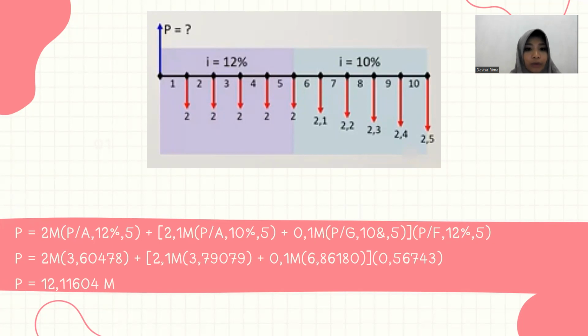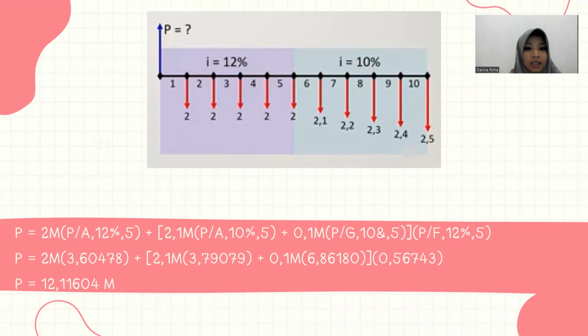So we will have an equation like this. 2.1 billion uniform cash flow multiplied by P per A, 10%, because here the interest rate applies 10%, n equals 5. This will produce a present value at the beginning of the 6th year. At the beginning of the 6th year, the present value will also be obtained from the gradient cash flow.